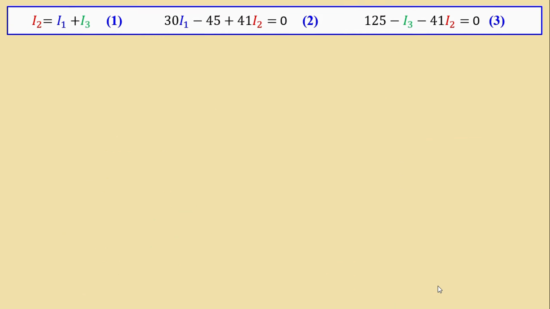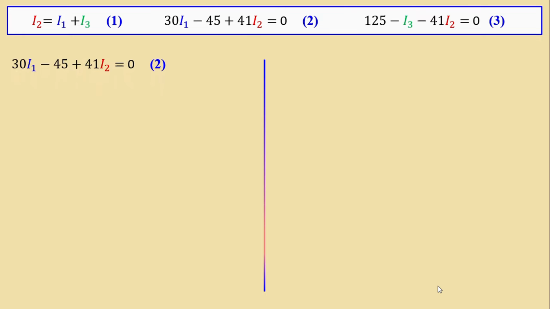After we finish applying Kirchhoff's laws KCL and KVL, we obtained 3 equations with 3 unknowns. The question now is how to solve those equations in order to obtain the currents I1, I2 and I3. Let's start with equation number 2.